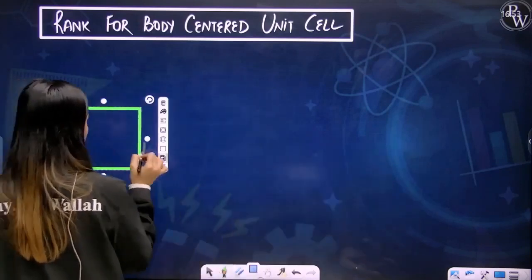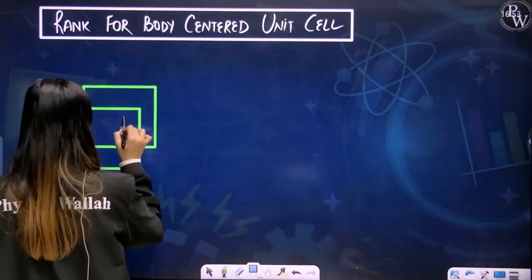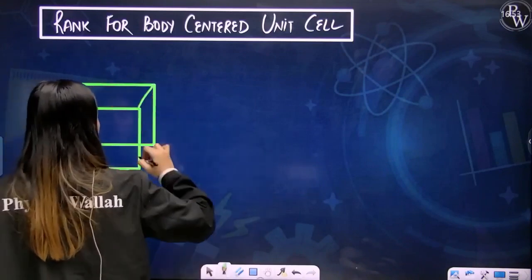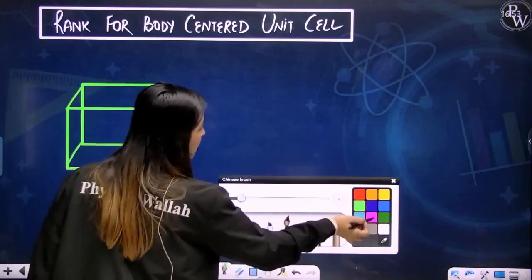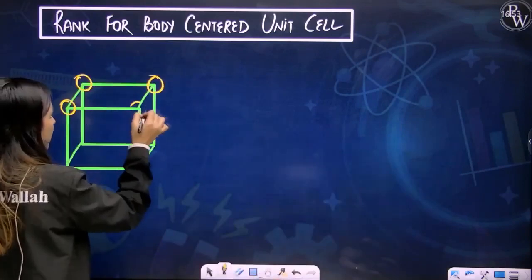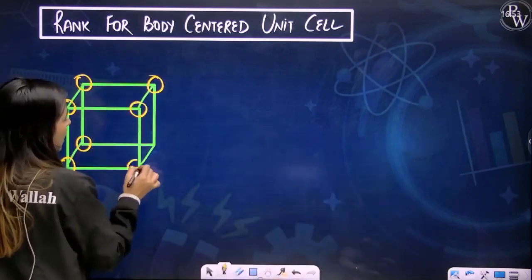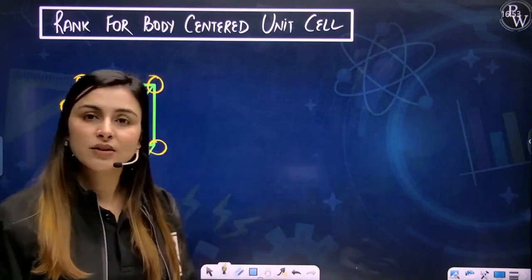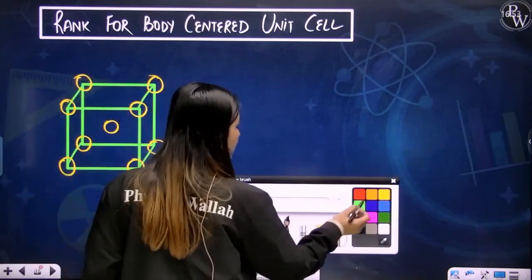So you have a unit cell. Let's join these. Now in a body centered unit cell, your atoms are present at the corners, also at the center of the body, right? Yes. So now let's try to calculate its rank.